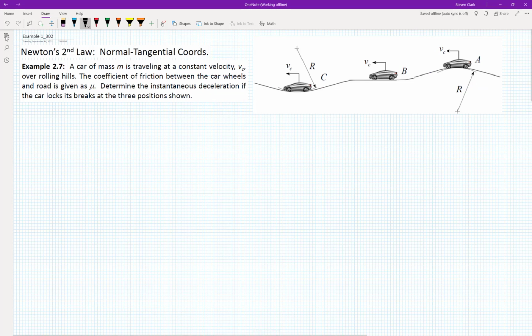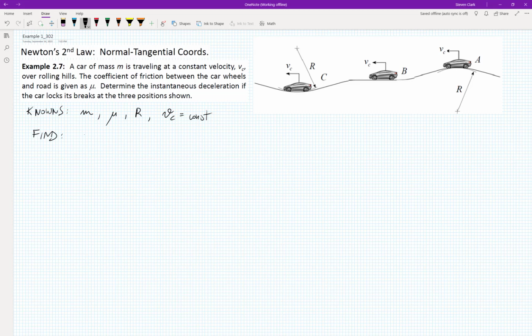Let's write down what we know and what we don't know. Knowns. I think that we know the mass of the car. I think we also know the coefficient of friction. I think we also know the radius of the curvature. And I think we know that the velocity of the car is constant. Okay, and they ask us to find deceleration, yes?